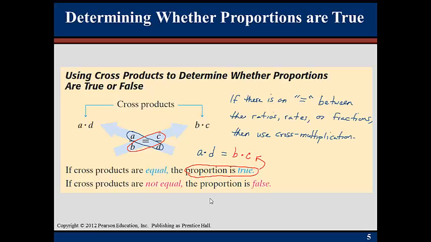If the left side does not equal the right side, so for example, this time we put the slash through the equal sign, meaning not equal, then you say the proportion is false. So if A times D is equal to B times C, then your proportion is true. If not, then we say it is false.